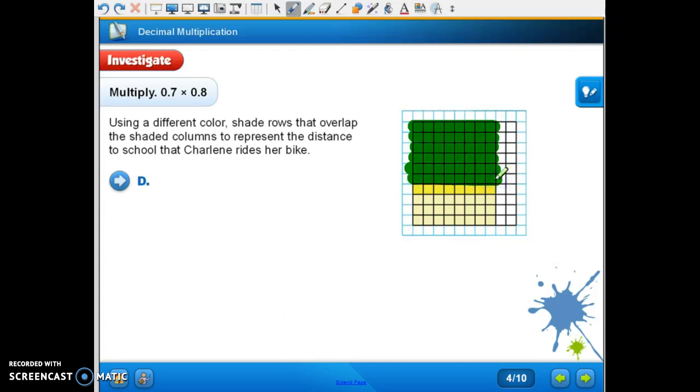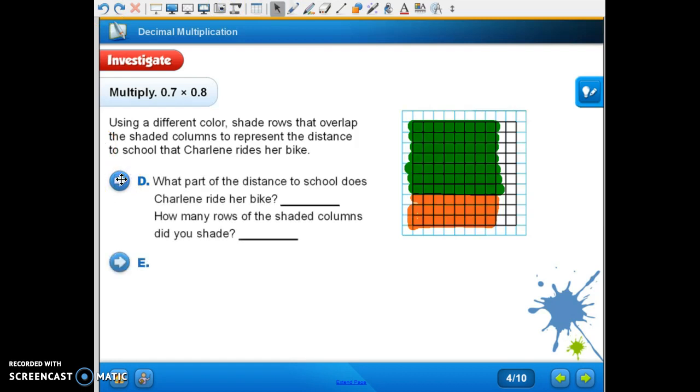So it should look like something like that with 1 row empty at the bottom. So you're going to shade in 7 of those rows across that you had already shaded. What part of the distance to the school does Charlene ride her bike? 7/10. How many rows of the shaded columns did you shade? 7 rows.